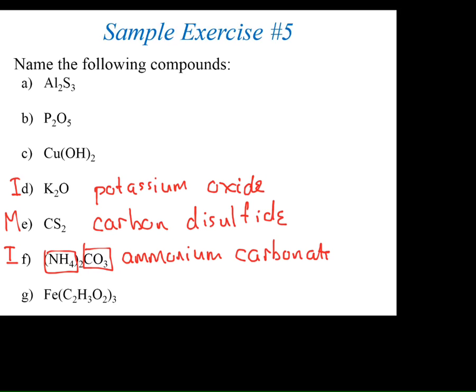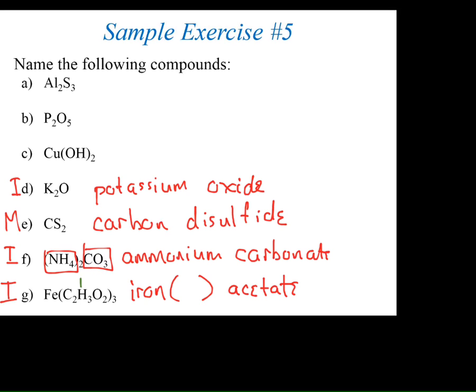G, is that ionic or molecular? Ionic, because it's got a metal and it's got a polyatomic. So Fe is called what? Does iron need a Roman numeral? Yes, it's not in group 1 or 2. So let's figure it out. What's this other thing called? Acetate. Yes. What's the charge on acetate?